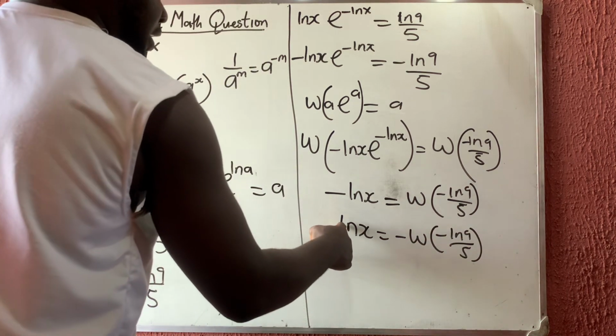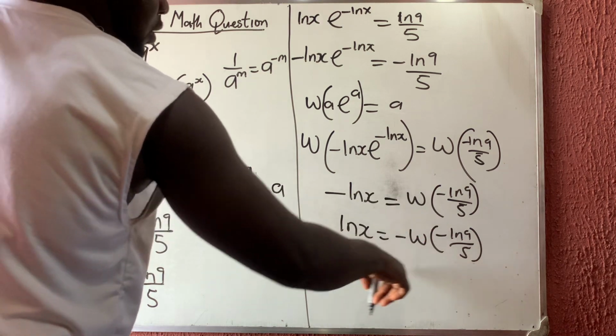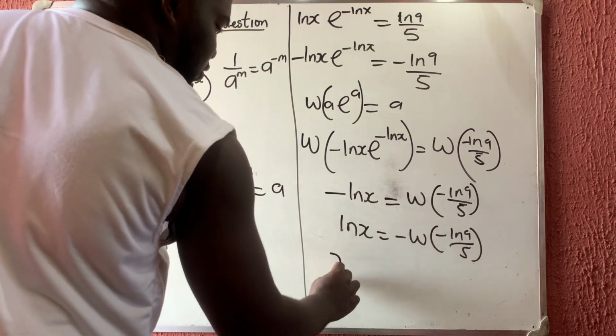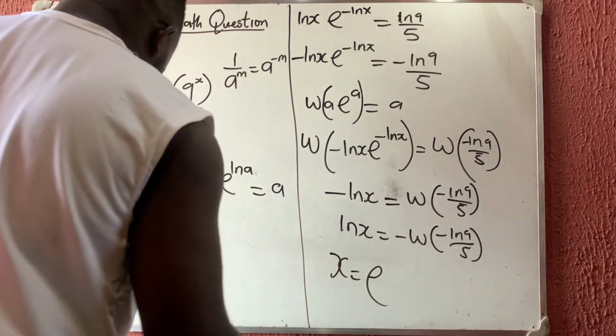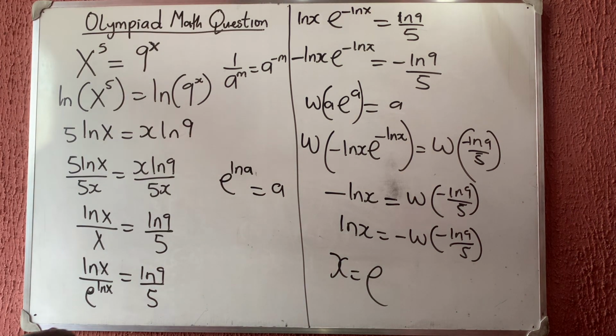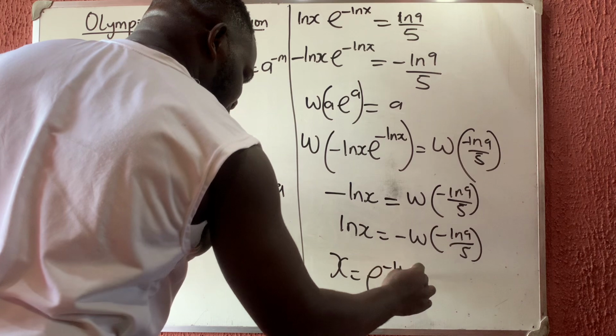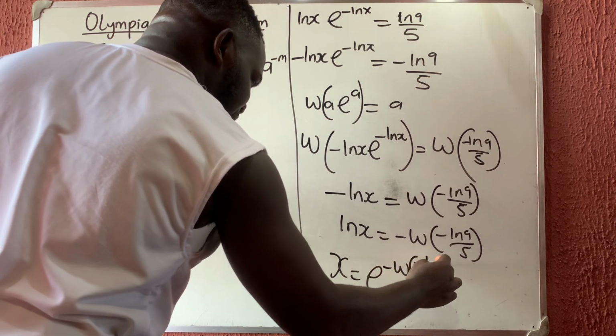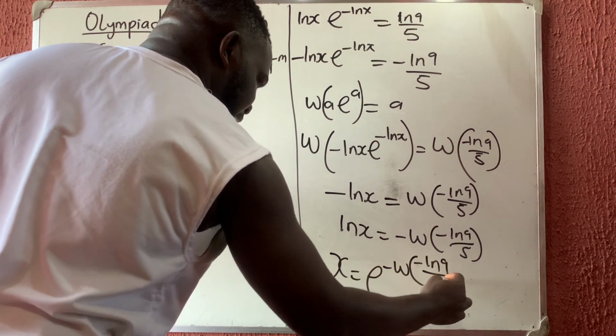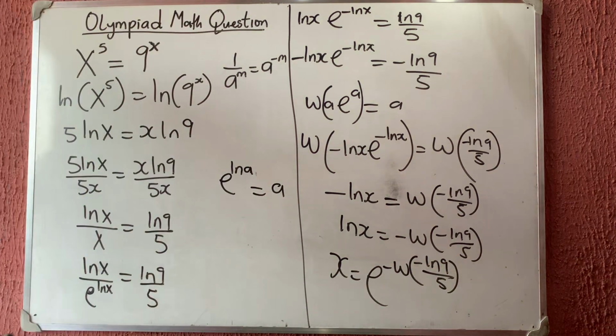Taking the exponential of both sides, when ln crosses to the other side, it becomes exponential. So x becomes the exponential of negative Lambert W function of ln 9 over 5. Okay, so that is that.